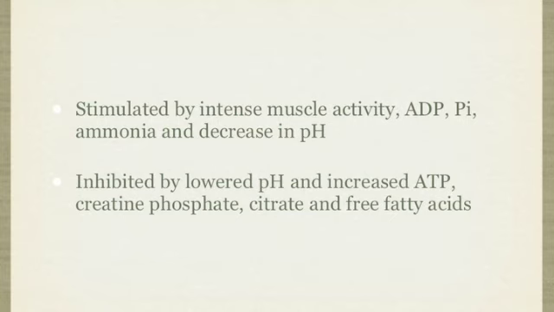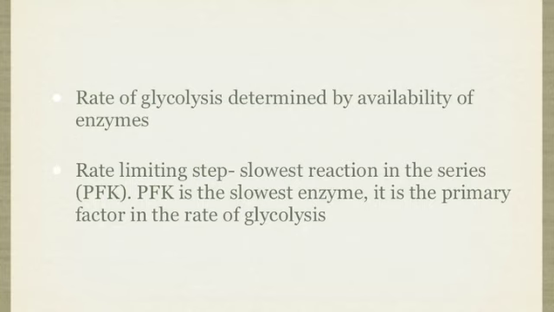It's also inhibited when we see more ATP in the muscle, more creatine phosphate, more citrate and free fatty acids. So, in other words, when there's other substrates available, it will inhibit glycolysis. And how fast the process of glycolysis occurs depends on the availability of enzymes that speed up the reactions in glycolysis.